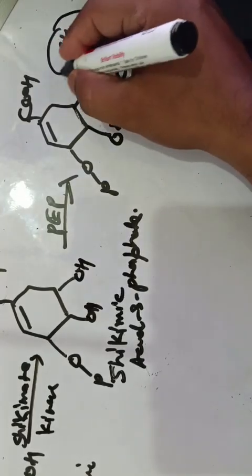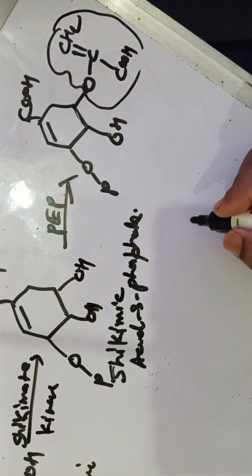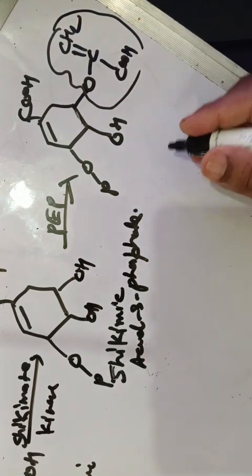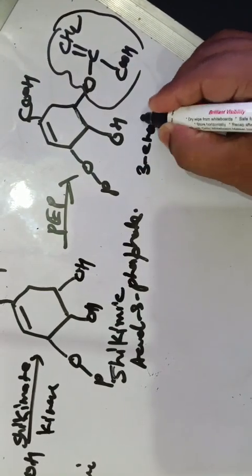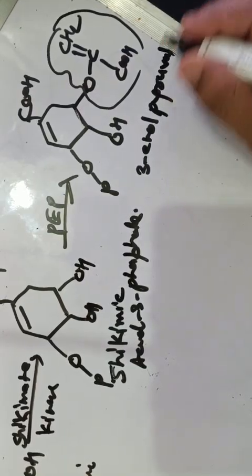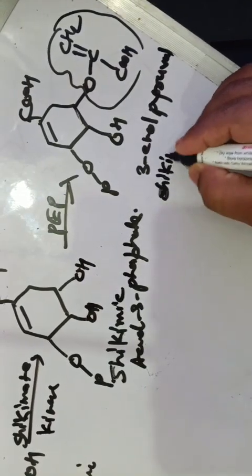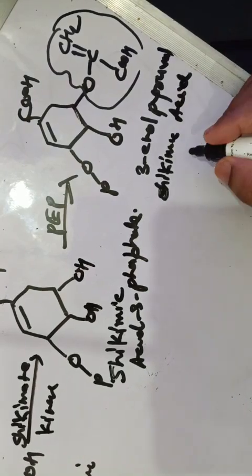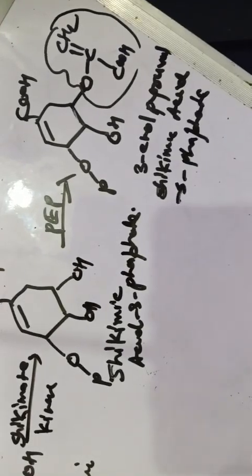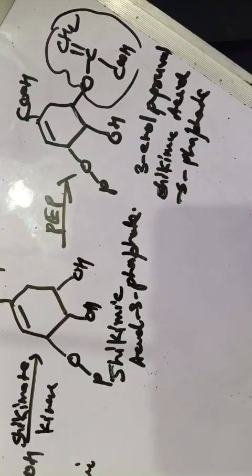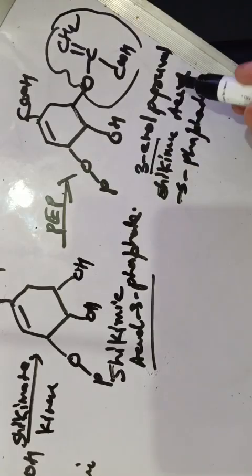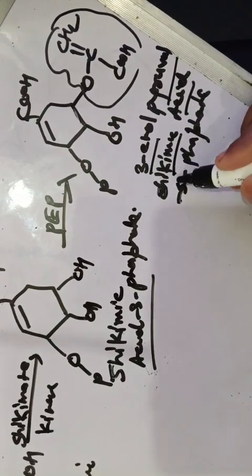This is the PEP molecule which adds to shikimic acid 3-phosphate, and this compound is known as 3-enol pyruvyl shikimic acid 5-phosphate. After adding the PEP, phosphoenol pyruvate, to shikimic acid 3-phosphate, we will get 3-enol pyruvyl shikimic acid 5-phosphate.